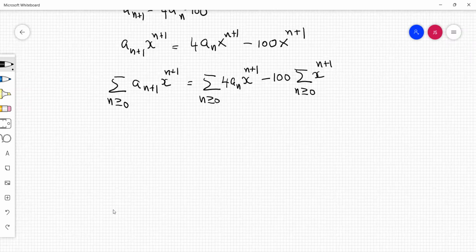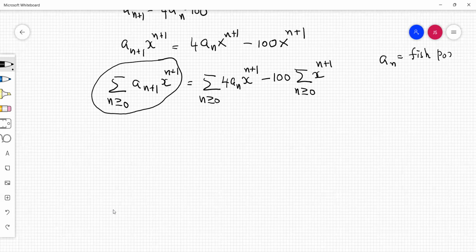Now we are going to produce the associated generating function for this recurrence relation. Now focus on this one. Remember, a_n is the fish population after n years, right? On this side you don't get any a_0.